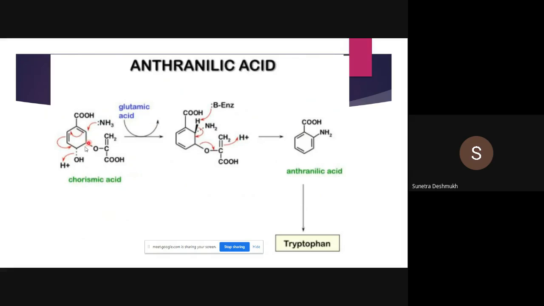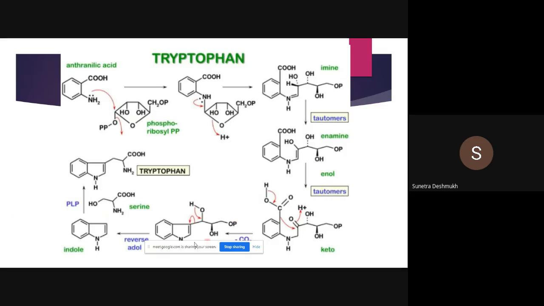So this is the path of synthesis of anthranilic acid first, via the biochemical pathway. All this synthesis occurs in living organisms, and once anthranilic acid is synthesized, we can synthesize tryptophan from it. We'll see in detail how tryptophan is synthesized from anthranilic acid via the biosynthesis pathway.